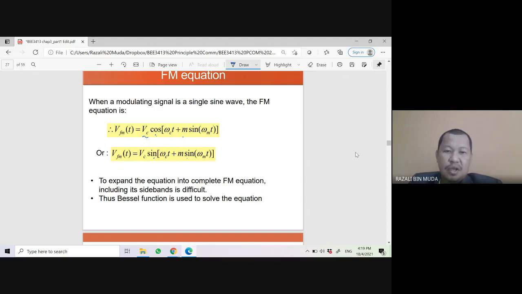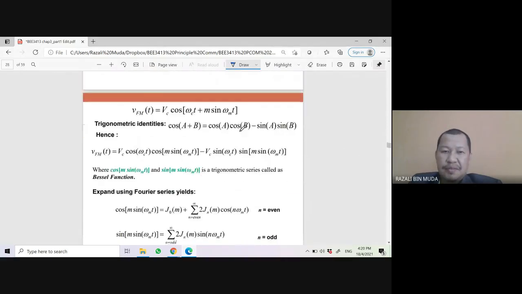To expand the equation into the complete FM equation, including its sidebands, is very difficult. Thus the Bessel function is used to solve the equation. So in the case of an FM signal, we use the Bessel function. What is the Bessel function?